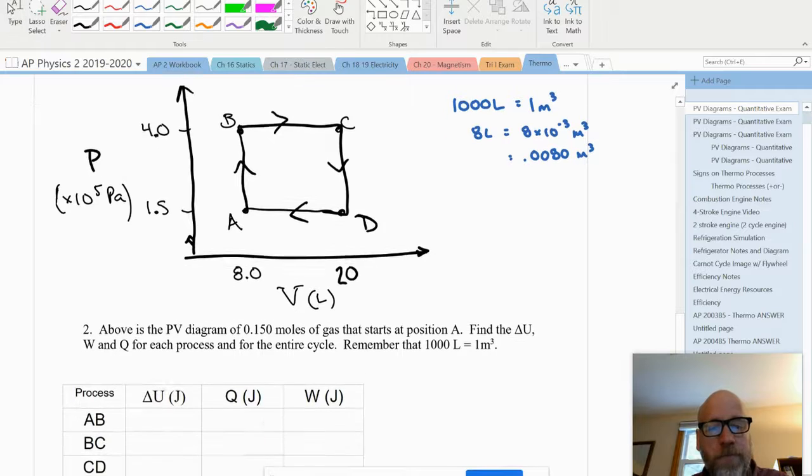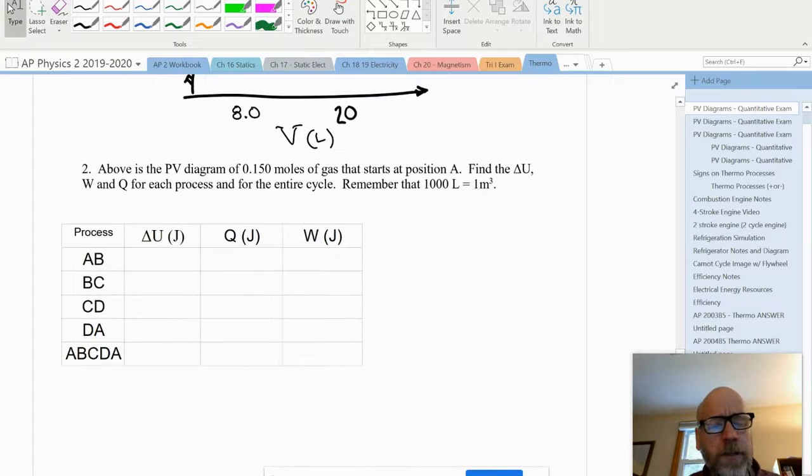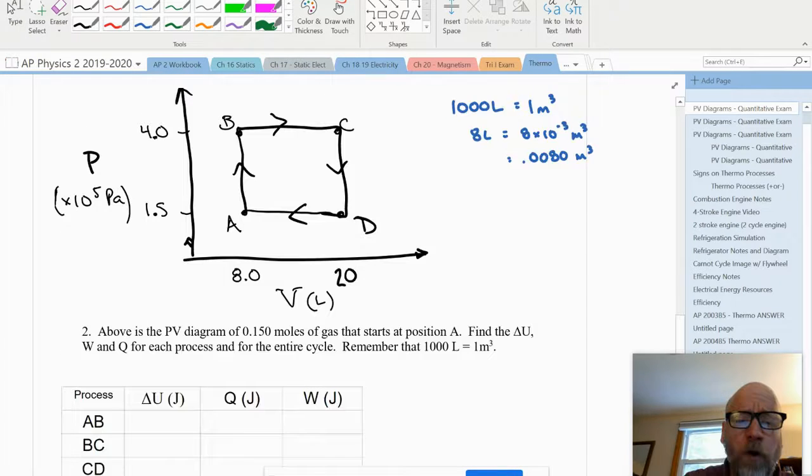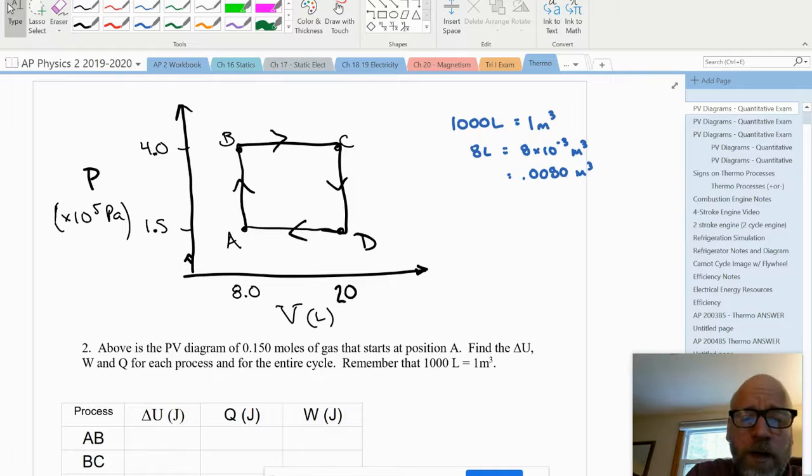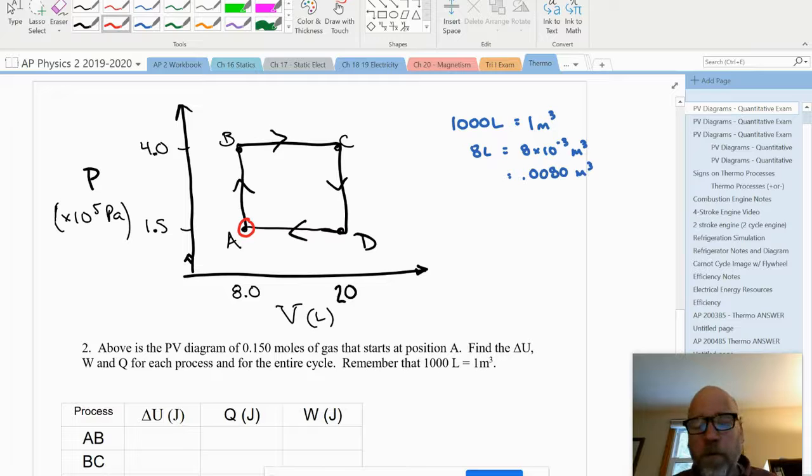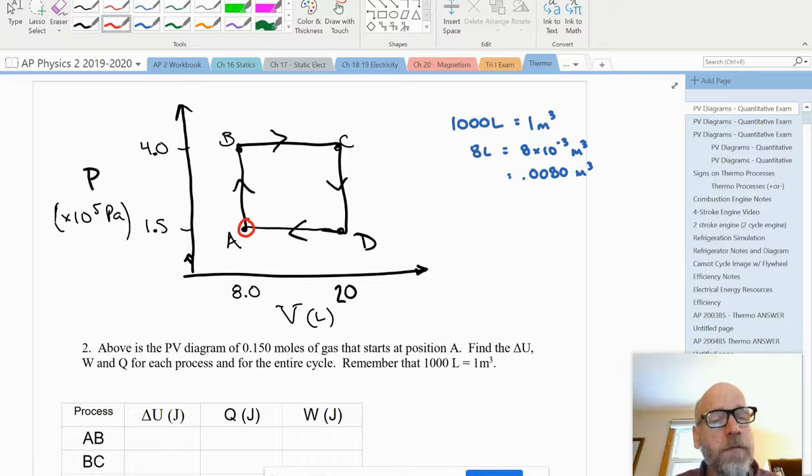To fill in this process, I see from the graph that we're starting off at point A, and it's going to go through 4 different processes before it returns back to A. So it's going to go from A to B. What type of process would you call that?